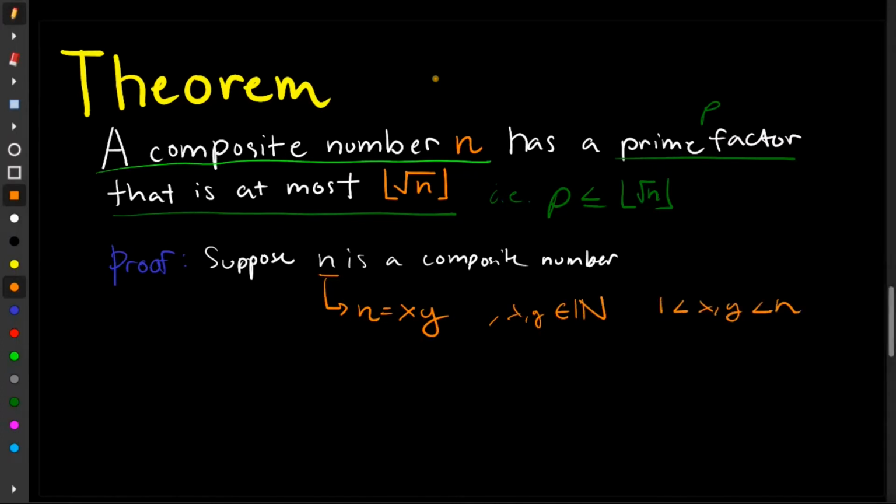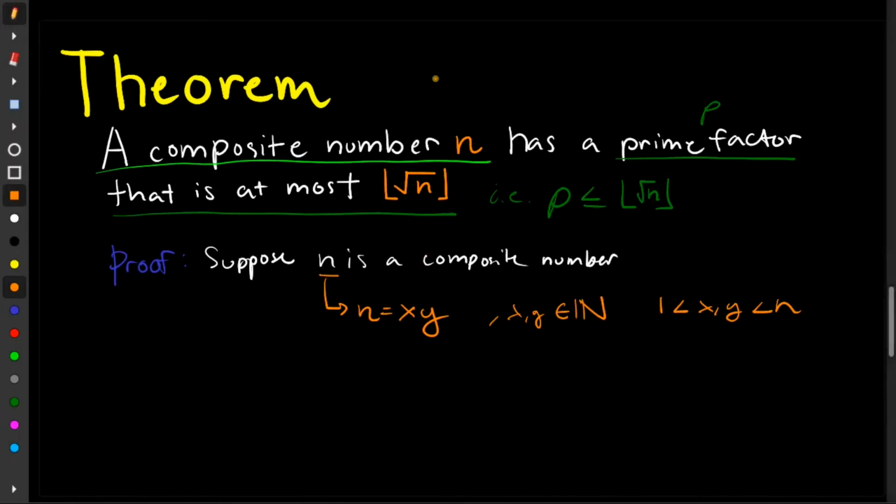We state this since the idea is that x and y are not only 1 and n. If x is equal to 1, then y is equal to n, so that implies that n is prime, but that is not what we have stated here.